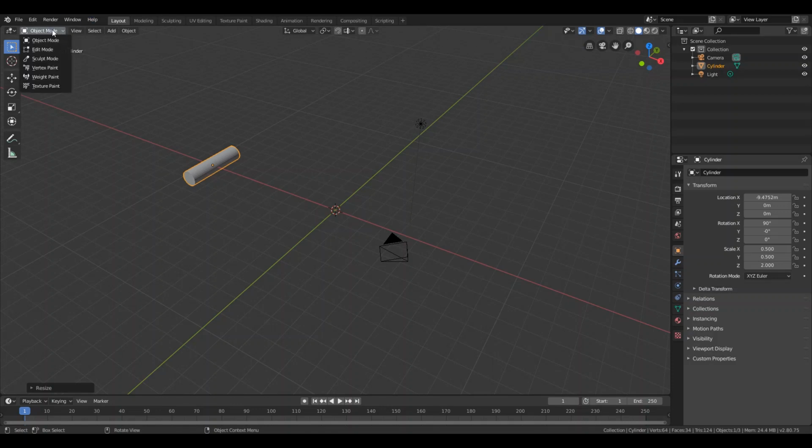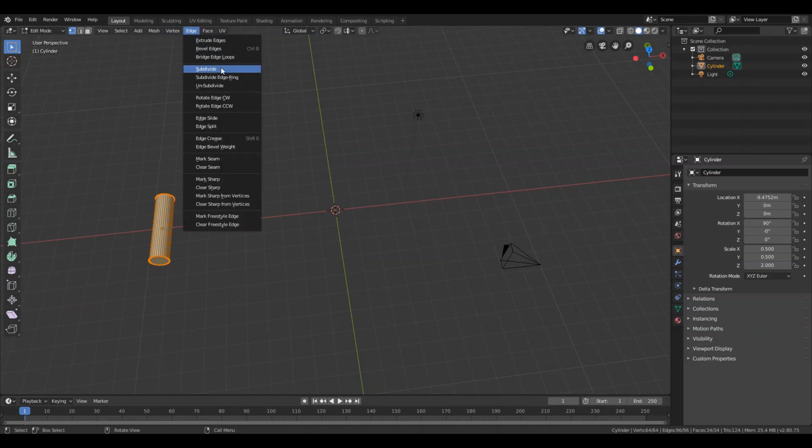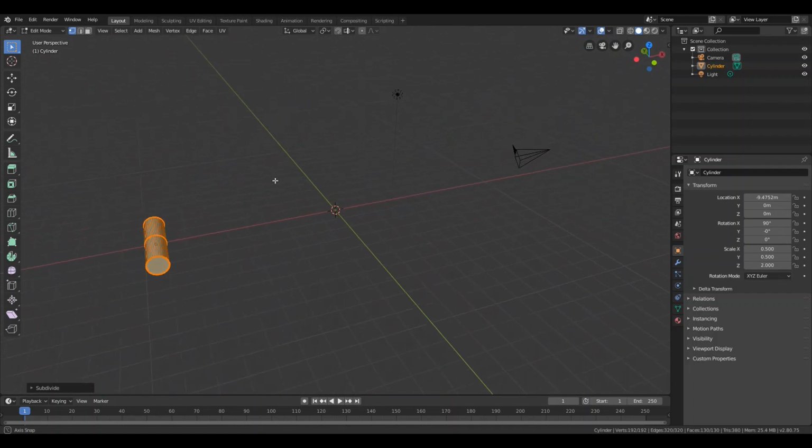Yeah, so I'm modeling here. Let's see, which one should I? That one, yeah, that one. Cool.